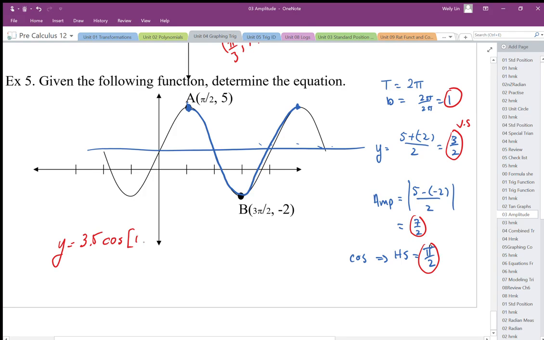My b value is 1, and my horizontal shift is going to be pi over 2. Okay, and then my vertical shift goes on the outside, plus 1.5. There's my equation of that graph. And if you want, graph it on Desmos and check it out.